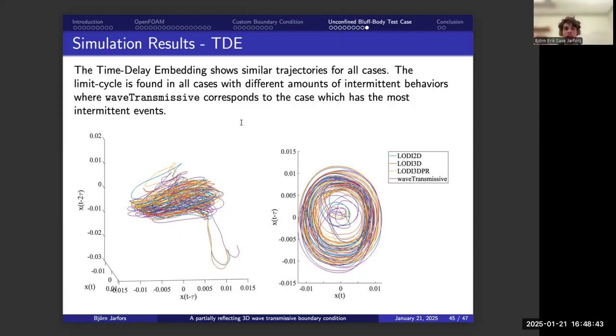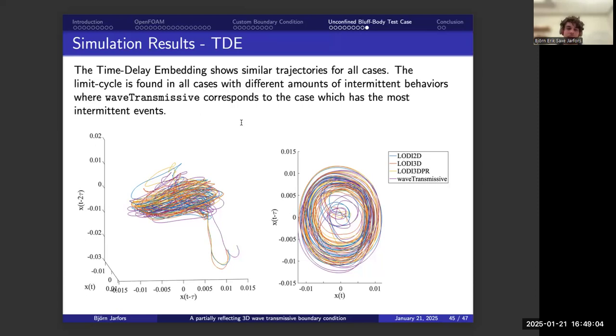So in your Hankel matrix, you will have the original time series in the first column, and then a time delayed time series in the second column, and you can repeat this based on your time delay: one time delay, two times your time delay, etc., based on how many dimensions you need.